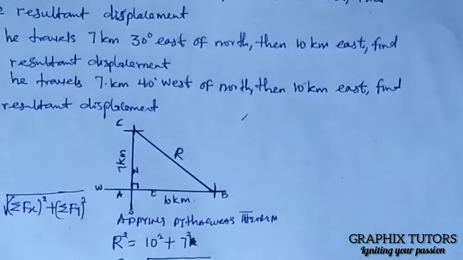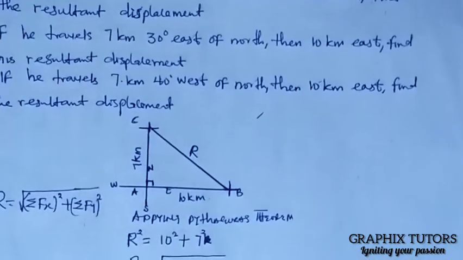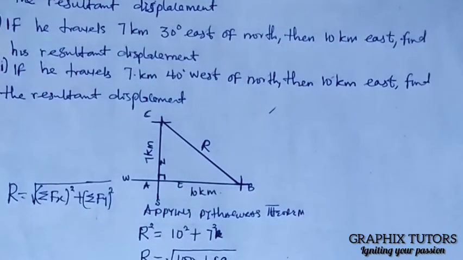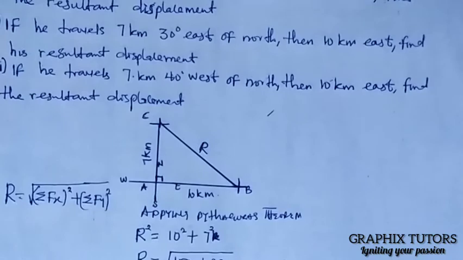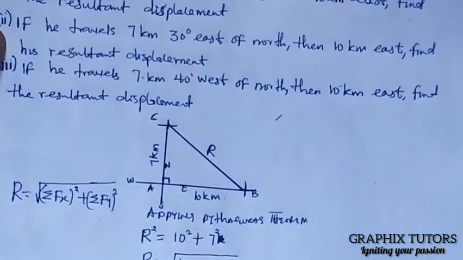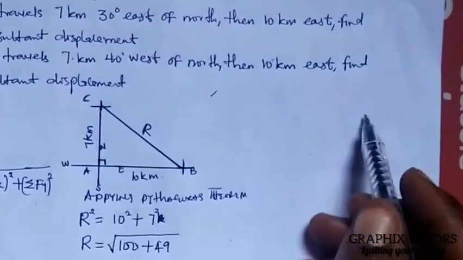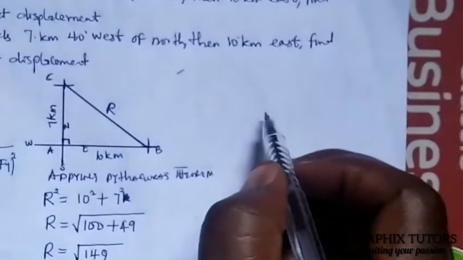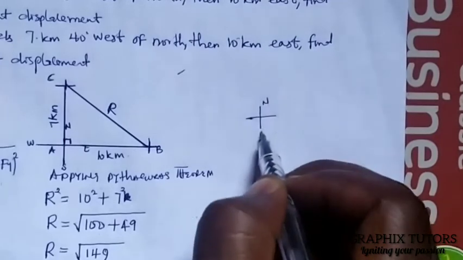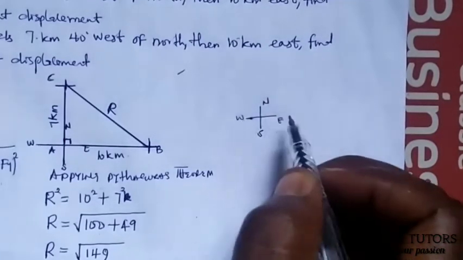Then the third one, which I will advise you to try on your own, I'll just give you a hint. It says if we travel 7 kilometer 40 degree west of north, then 10 kilometer east, right? So if you draw your 4 cardinal points, let me just give you an illustration. We're having north, south, east and west, right?